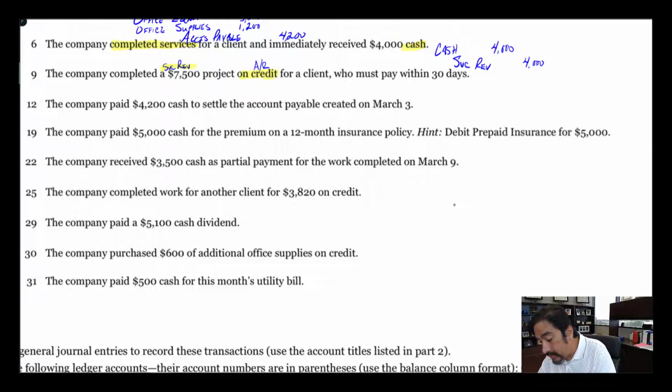Accounts receivable is an asset account that we're increasing. We do that with a debit. And service revenue is always a credit.